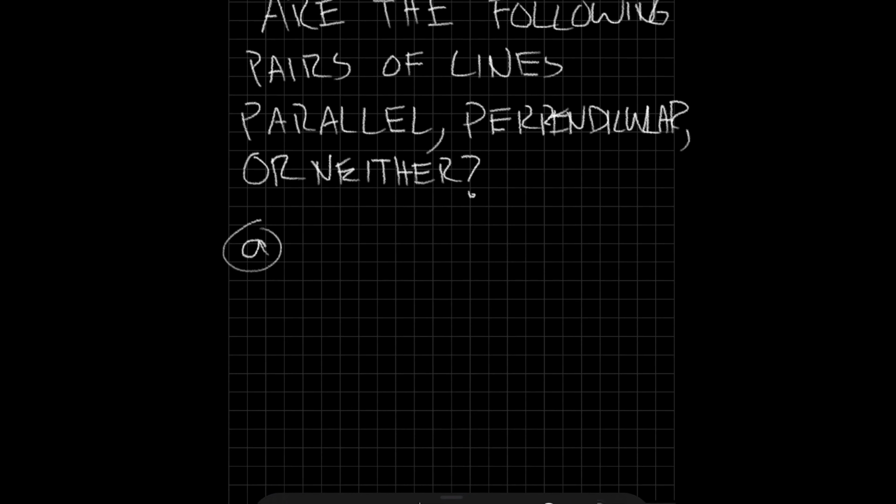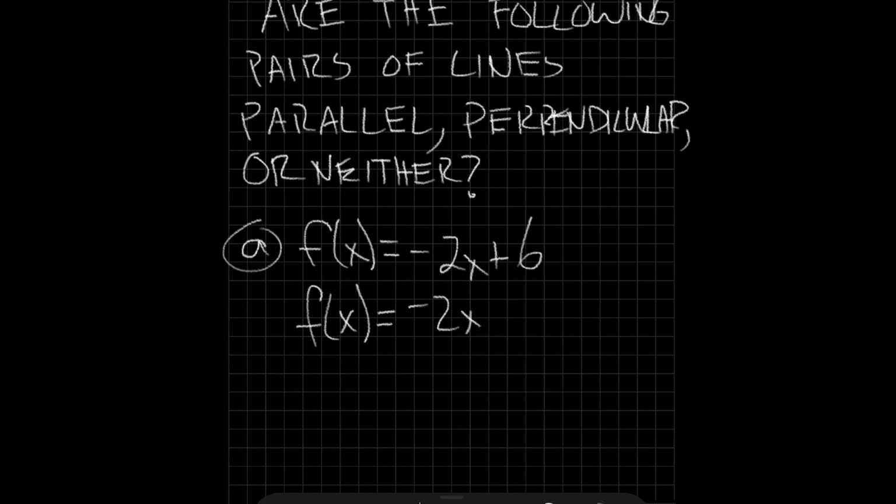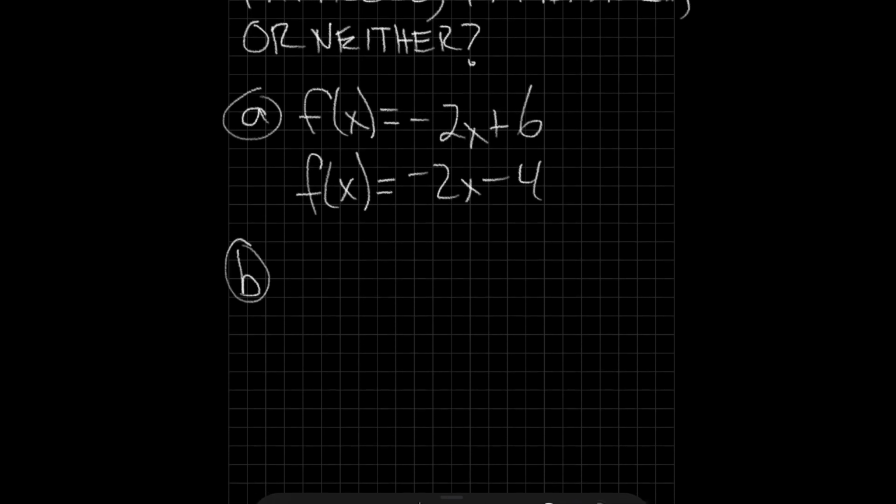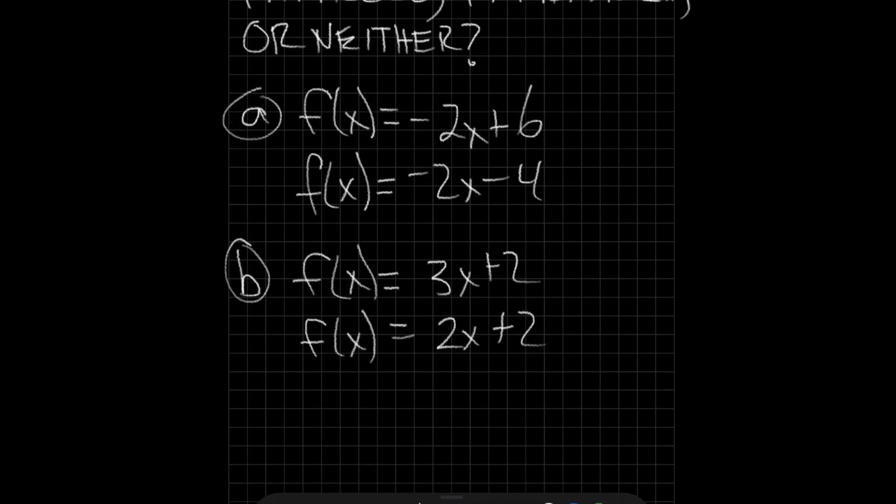So here's our first pair of lines. Let's say we have f of x is equal to negative 2x plus 6, and we have another line, f of x is equal to negative 2x minus 4. Our second pair of lines, f of x is equal to 3x plus 2, and f of x is equal to 2x plus 2.